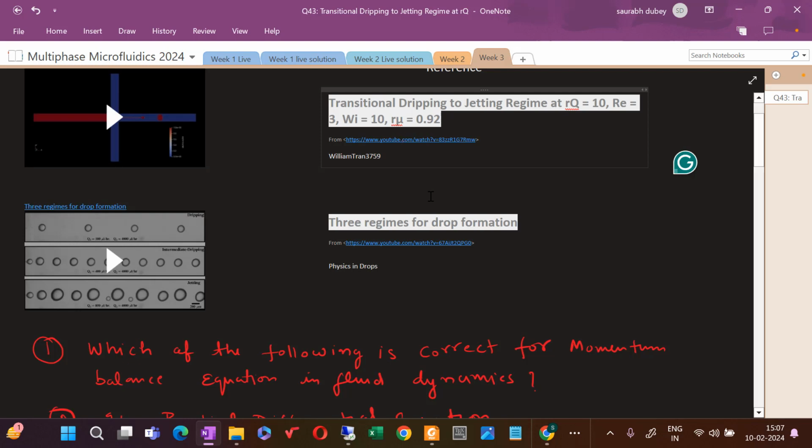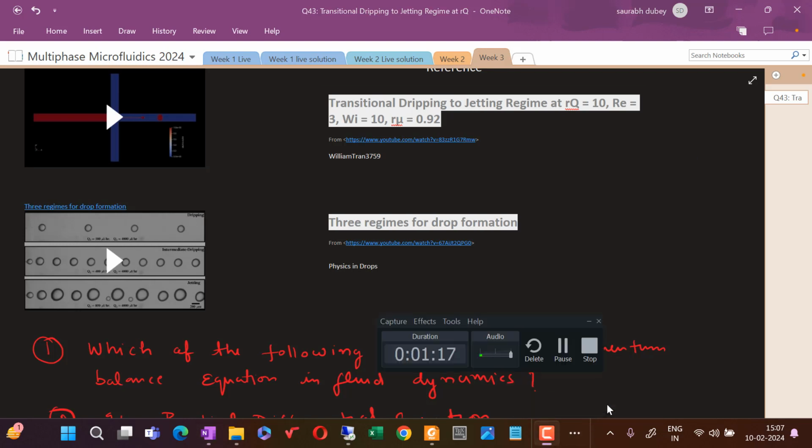And in this multiphase microfluidics, initially you started with different kinds of flow regimes, and then you gradually shifted here. In this week you started with computational fluid dynamics and what are the different computational methods which are being used in solving and predicting the flow behavior.